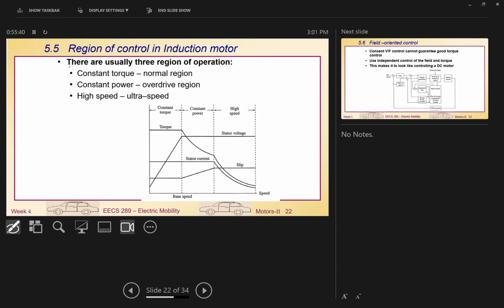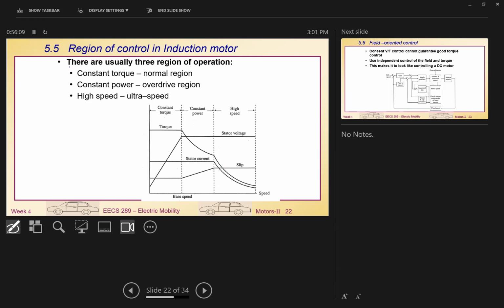Actually, this region is why we call it the constant power region. Some textbooks call this region the field weakening region. In this region, the only way we can increase the speed is to weaken the field.